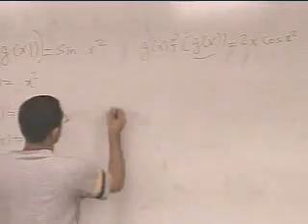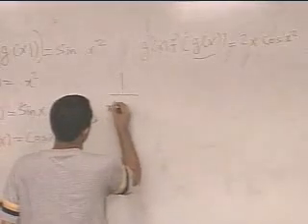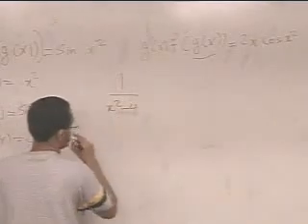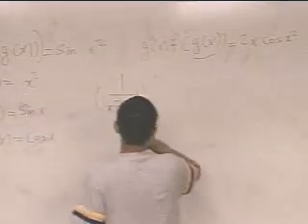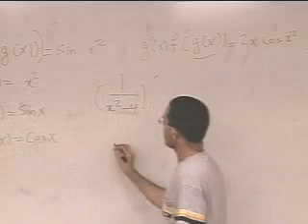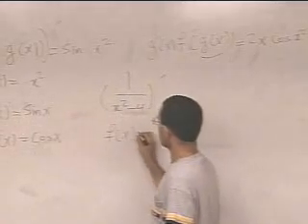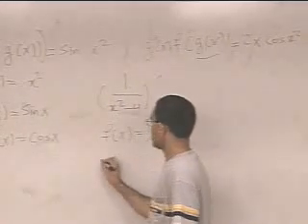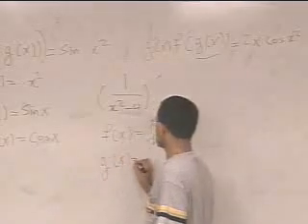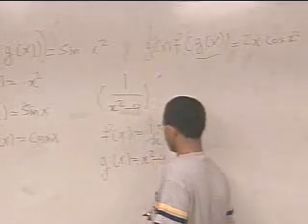For example, we can think of this guy. We want to take the derivative of it. Let's think of it this way. Assume that f of x equals 1 over x, and g of x equals x to the power of minus 4.